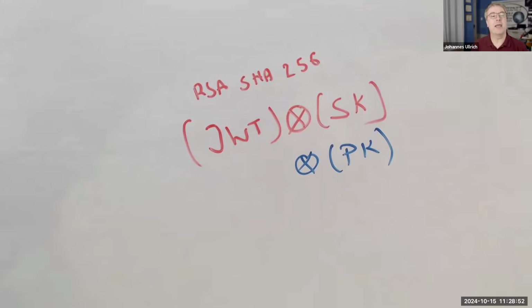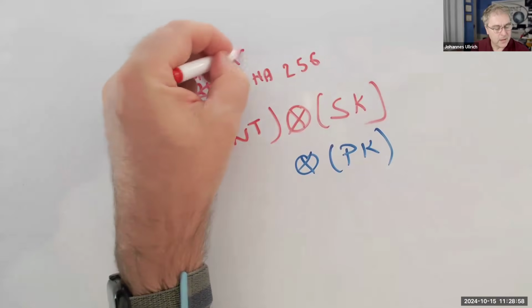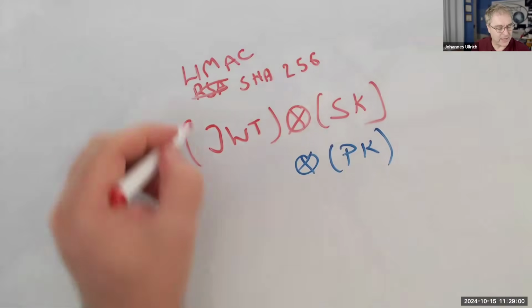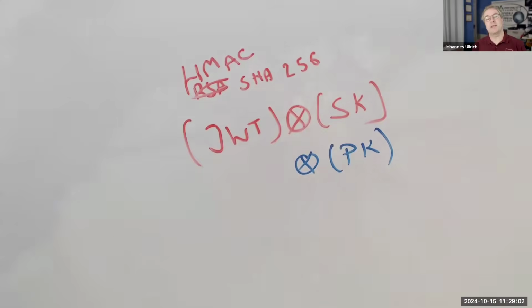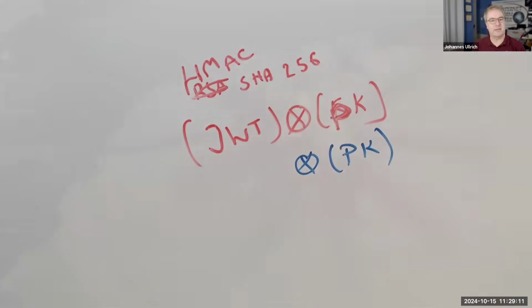Now, if I use a different algorithm, what we're going to do here is HMAC, which is a symmetric algorithm. Now I use the same key to create the signature as I'm using to actually validate the signature. So now I can use the public key to create the signature, and that's algorithm confusion.